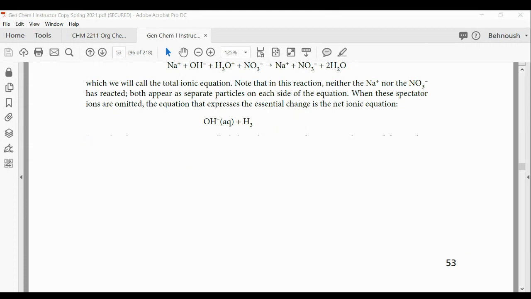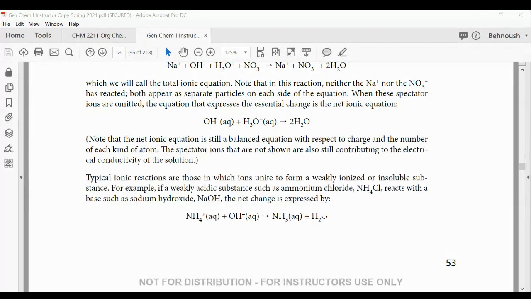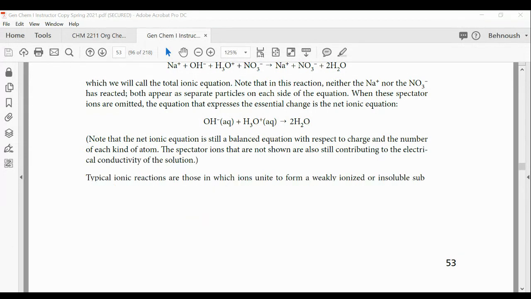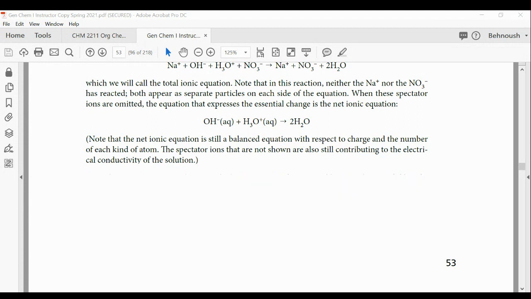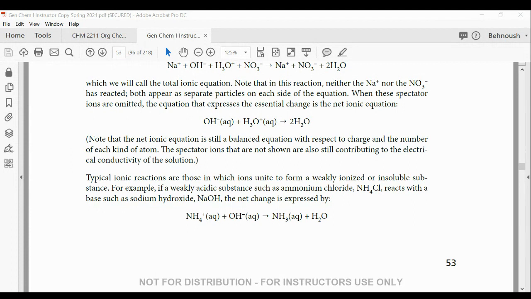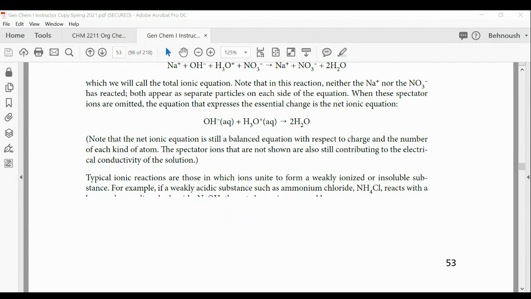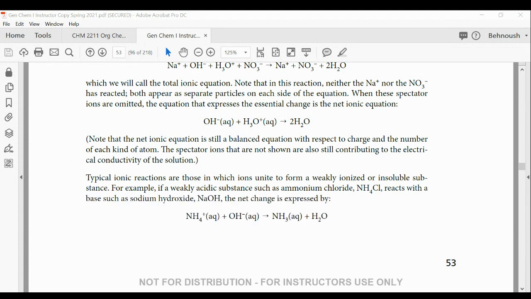Last category would be non-electrolyte. What about peroxide? Peroxide is a molecular compound, so we're just going to categorize it as a non-electrolyte because it's a molecular compound.